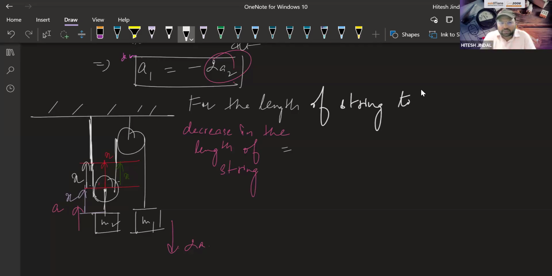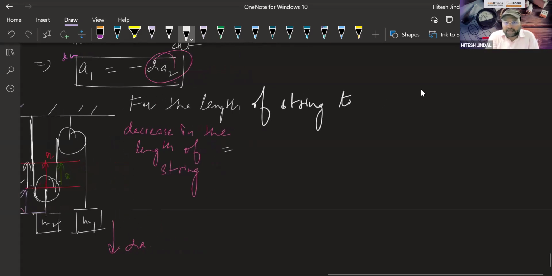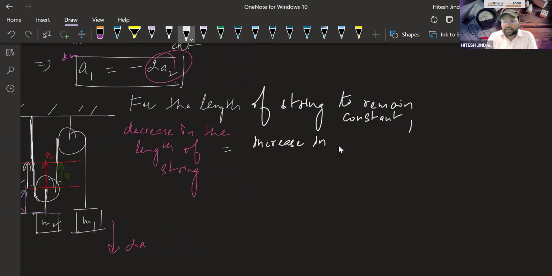Just try to understand whatever you can, and do revise it. For the length of string to remain constant, and that is a constraint we have, the decrease in the length of string should be equal to the increase in the length of string, right?